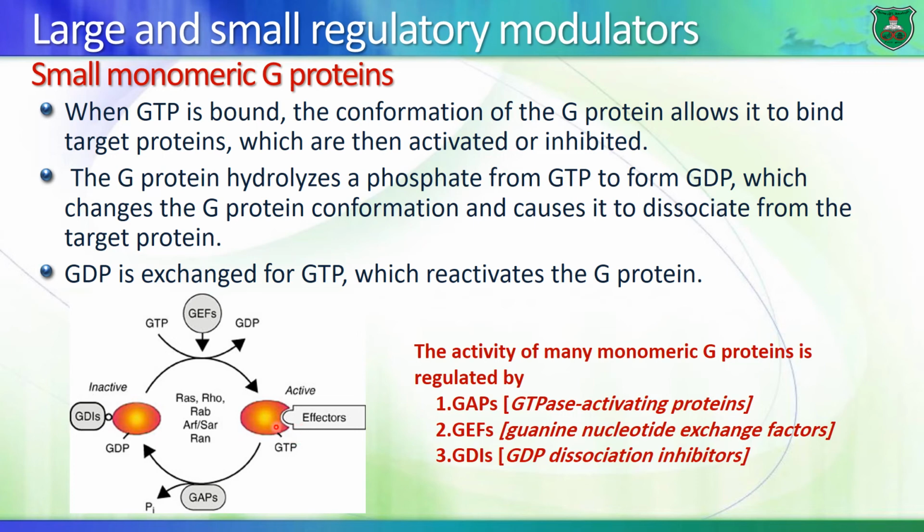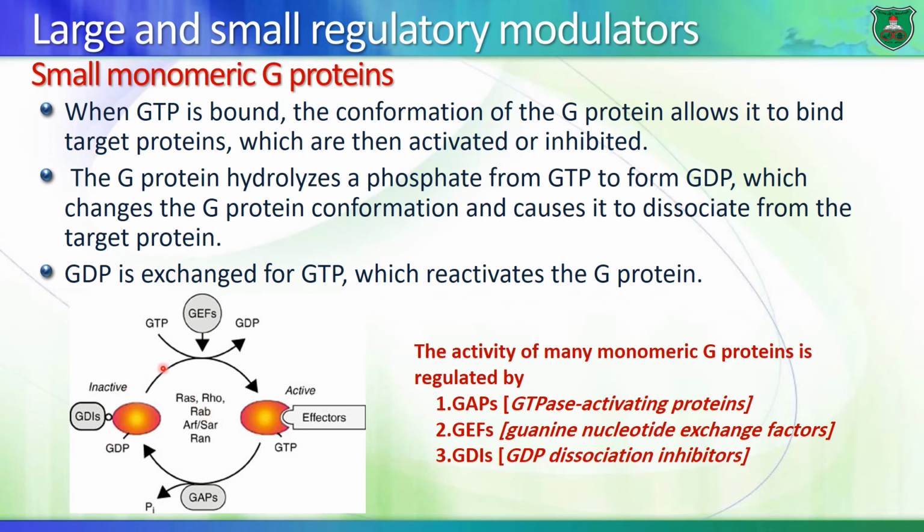In order to inactivate, to terminate this signaling pathway, GTP is hydrolyzed, just like the alpha subunit, into GDP, and it becomes inactive. So these proteins, just like the large trimeric G proteins, are regulated by binding to these nucleotides, GTP or GDP.